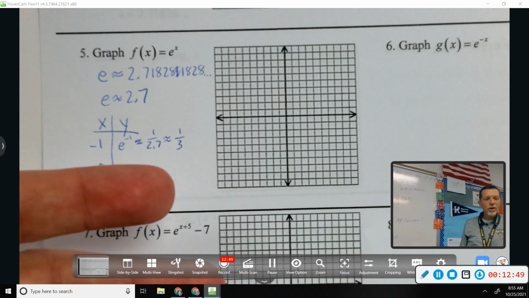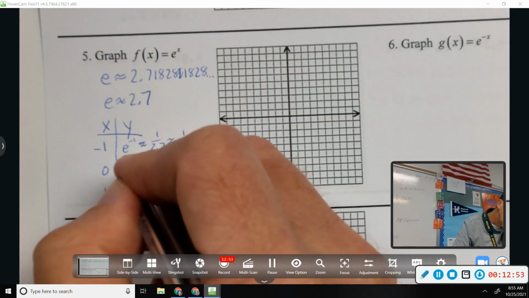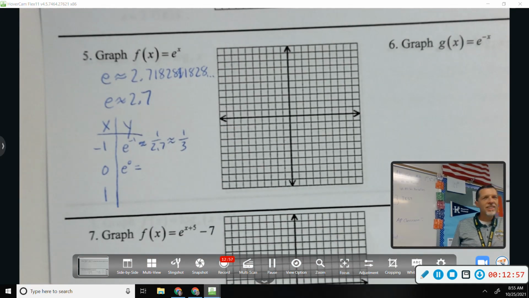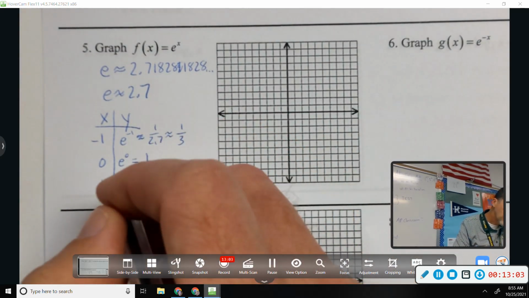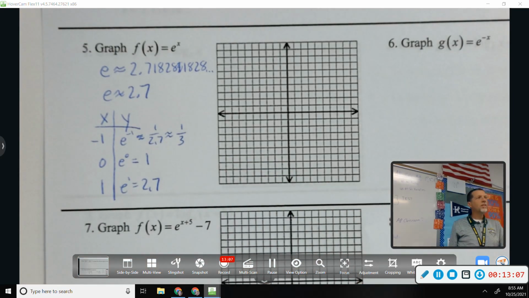In terms of our graph, that's going to be close enough. How about e to the 0? I bet you can get that one exact. 1. Anything to the 0 is 1. And then e to the first is 2.7. Carry as many decimals as you like because you're not going to be able to graph it any more accurately than 2.7.